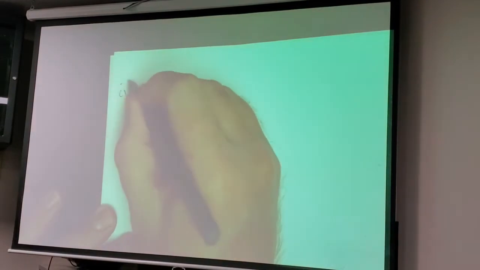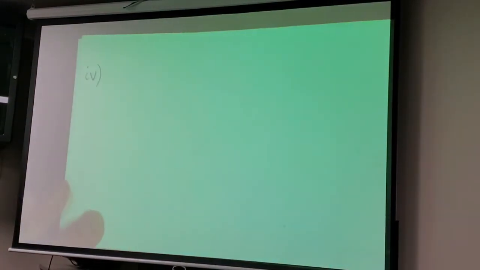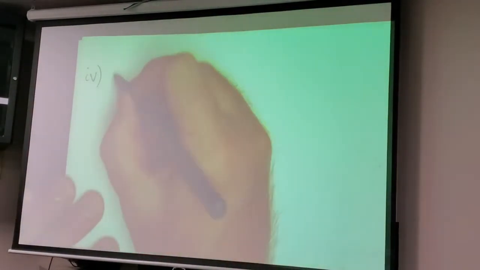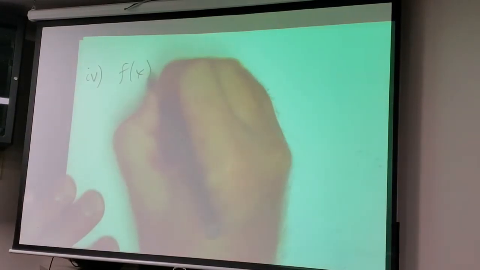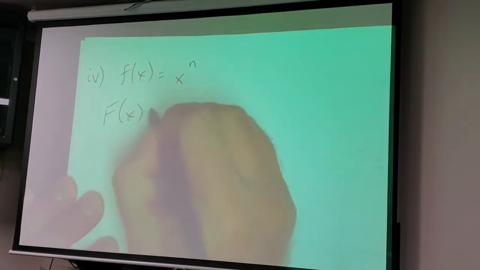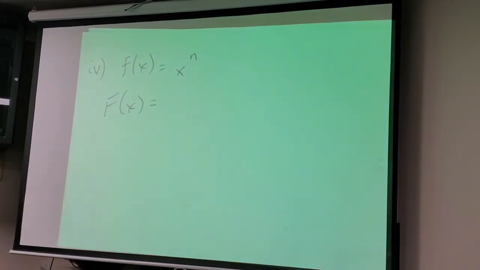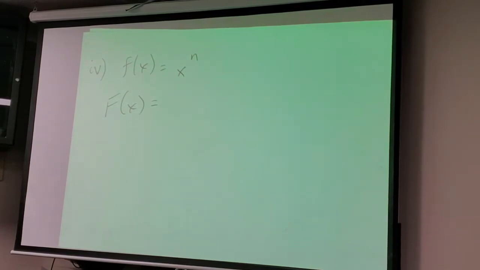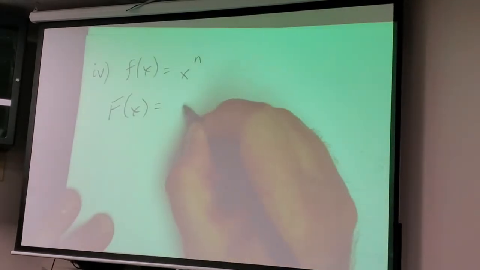So let's make a rule. Let's make our first general antiderivative rule. If I have this, what will this be? To go backwards, what happens to the power? It goes up by 1.